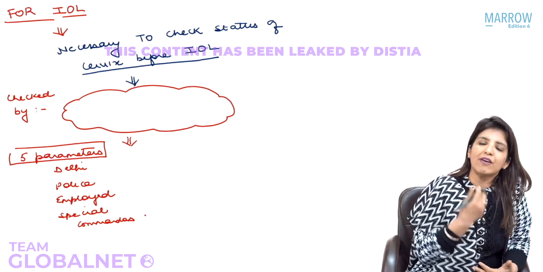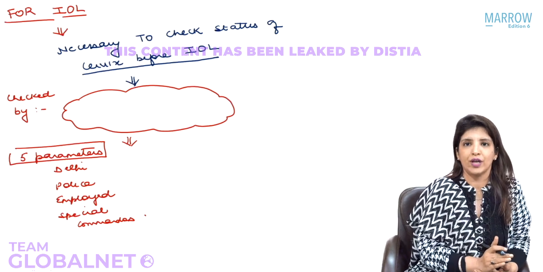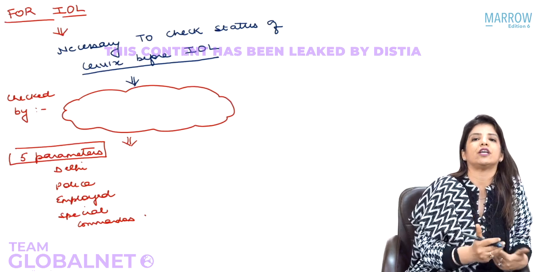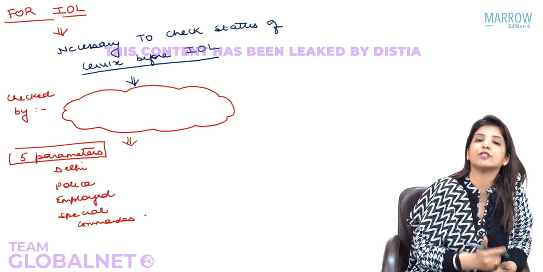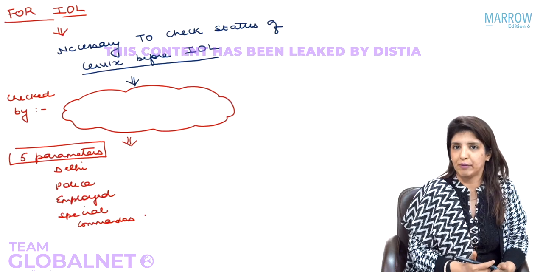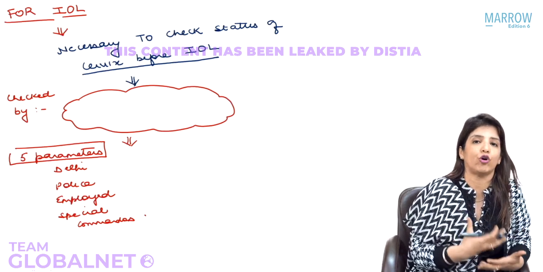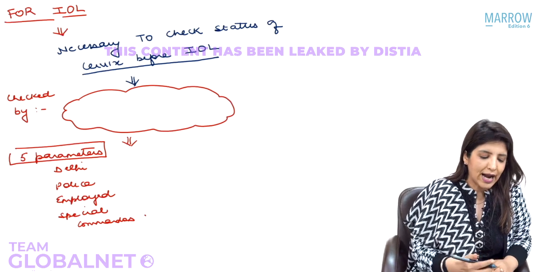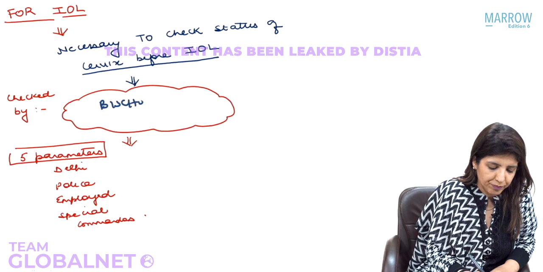So if I have to induce labor pains, I also have to be sure that the cervix is ready for labor. So I have to check the status of cervix before I induce labor. And how am I going to see that the cervix is fit for delivery or not? That I'm going to check by doing a Bishop score.